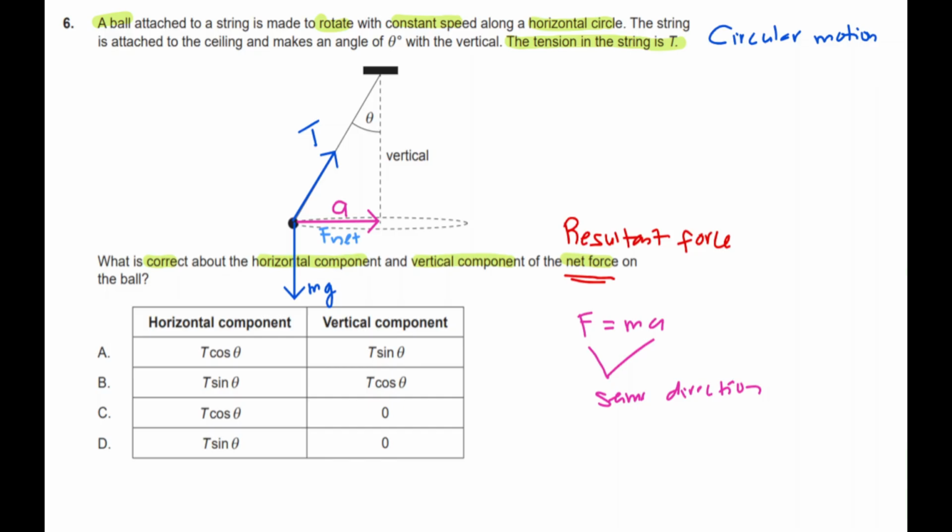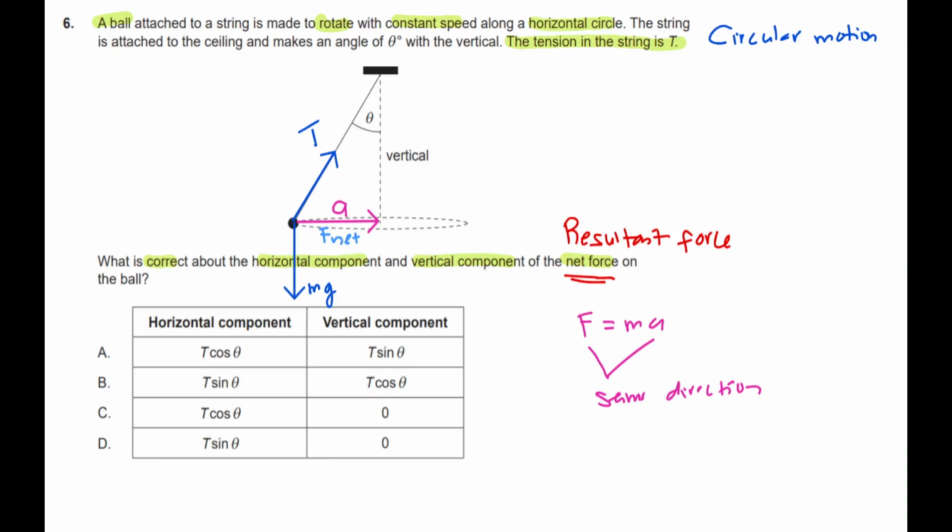What we have to recall here is that resultant force is not a force. It is a vector combination of forces, which means there must be an actual force pointing in the direction of the resultant force.